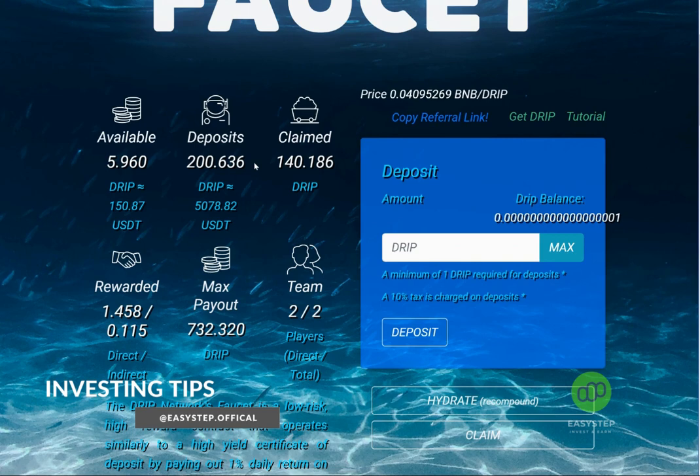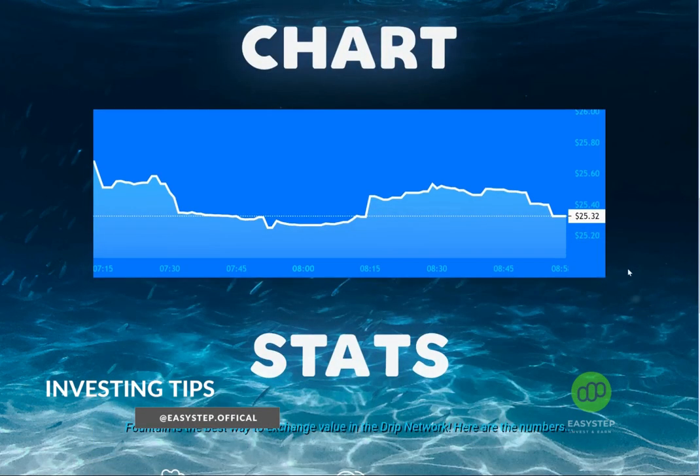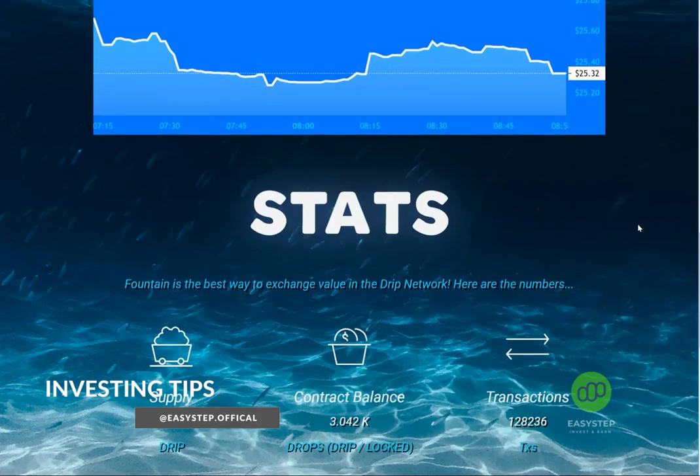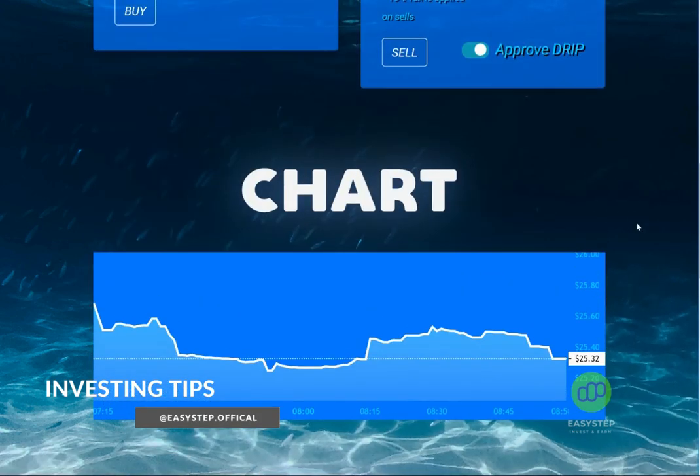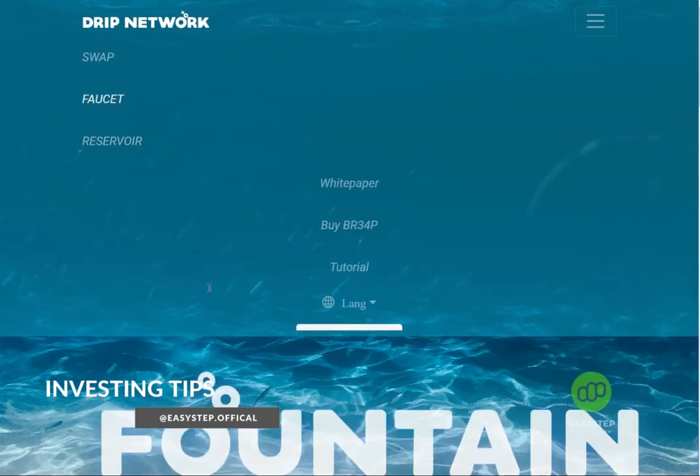Okay, this is about 3 days of earning my 1% interest, and I have $150. Currently, Drip is trading at $25.32. Now, after, I'd say, about 3 months, I will have about 300 Drip tokens.